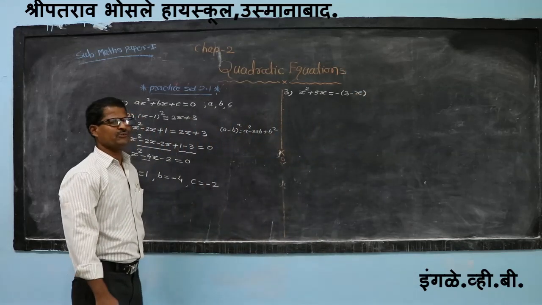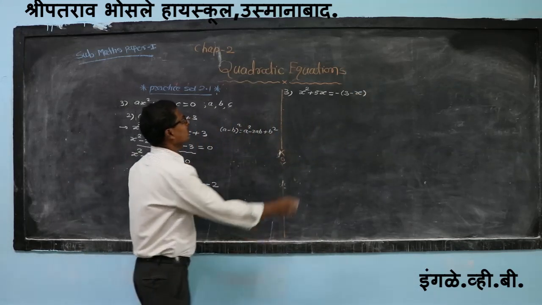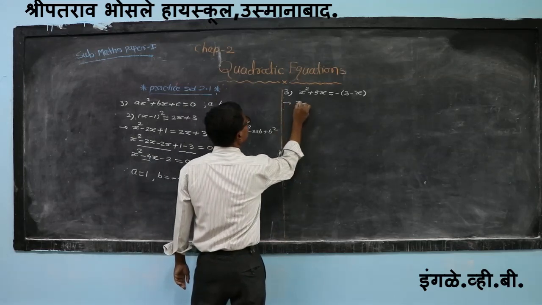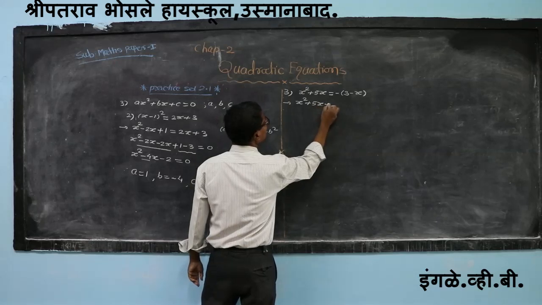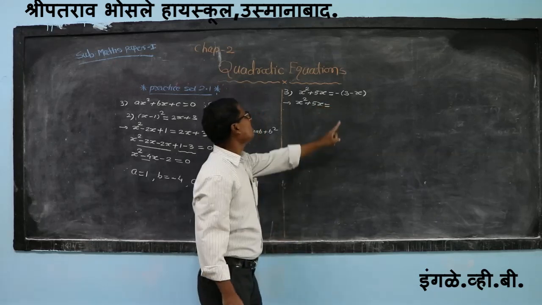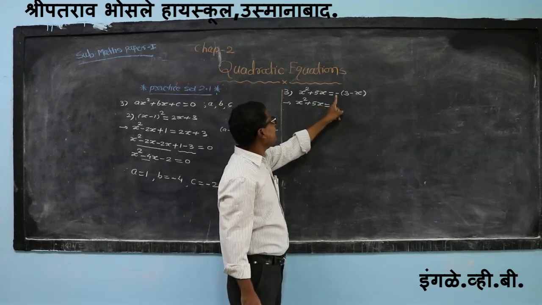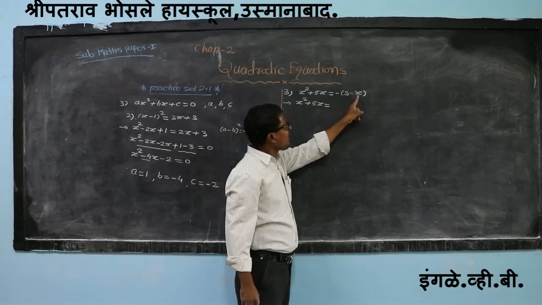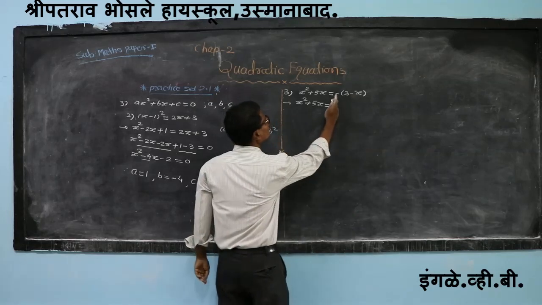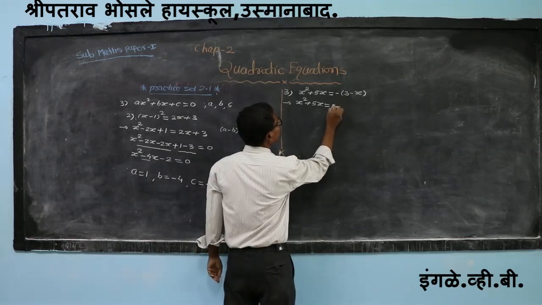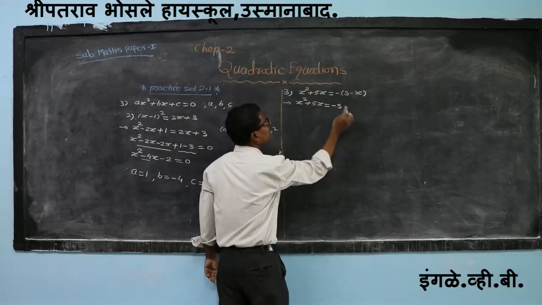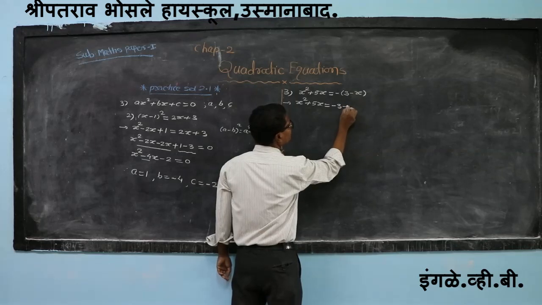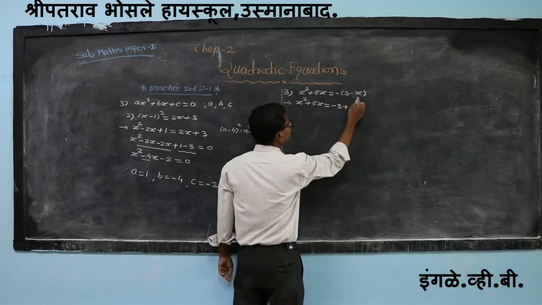We have to give this equation. Here the example is x square plus 5x is equal to, now we have to multiply this minus sign to the 3 and minus x. So minus 3, and minus times minus x is plus 1 multiplied by x.